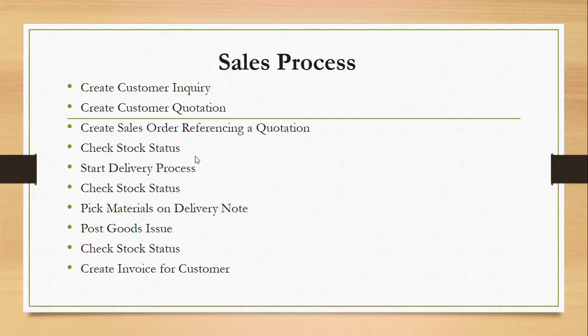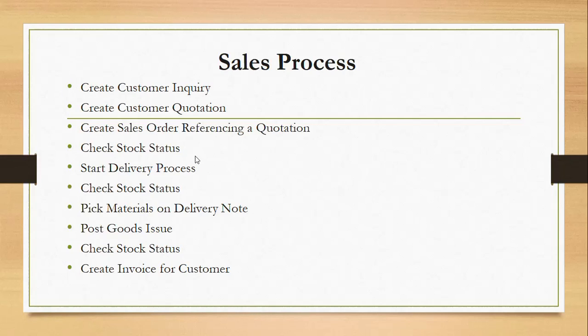Once we start the delivery process, again we will go to the same place to check the stock status. Now how it looks, there you will see that the goods will appear in the booked area. And then after checking the stock status, we will move towards picking the material on the delivery note. Once the material is picked, it means that we don't have these goods available now, we already released them.